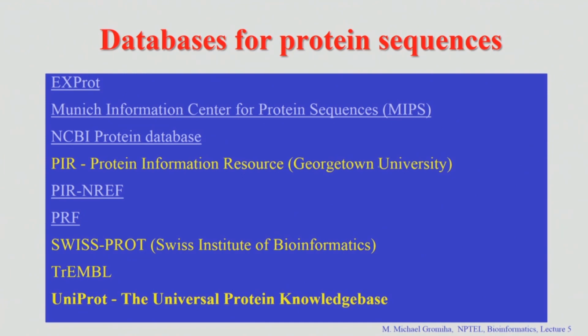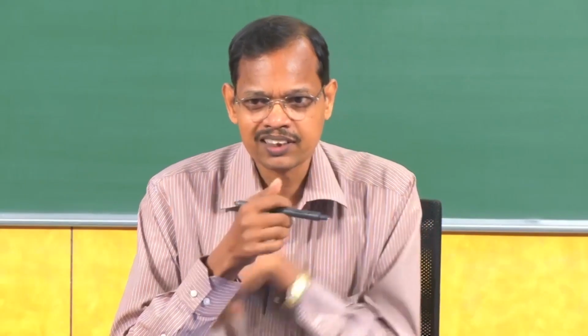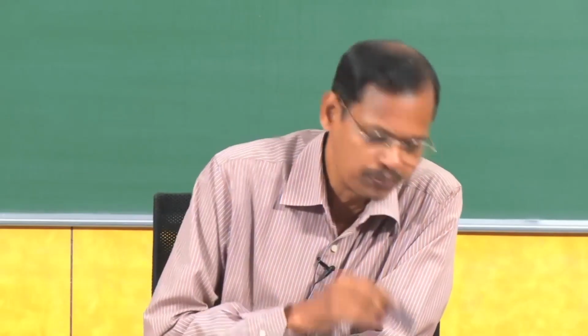In the meantime, the PRF, the Protein Research Foundation at Osaka University, also developed a database to collect data. Then there is SwissProt, a unique resource for protein sequences, created and maintained by the Swiss Institute of Bioinformatics. They have two types of information: manually curated sequences, and sequences translated from DNA sequences, which is called TrEMBL.